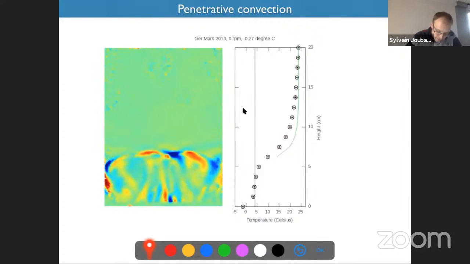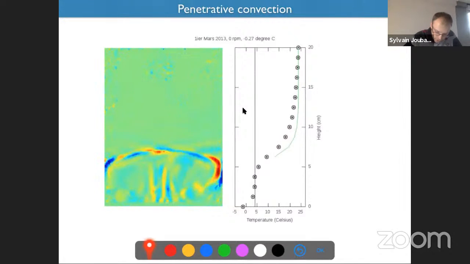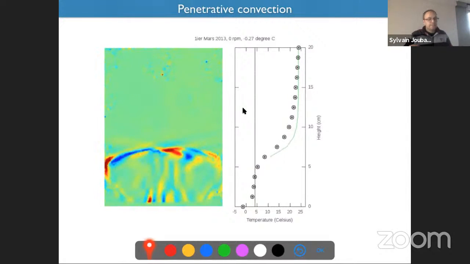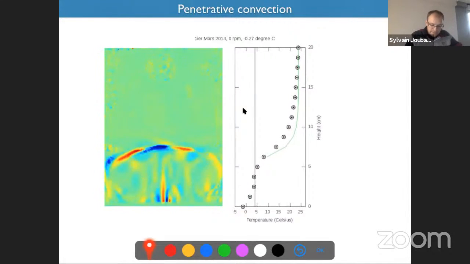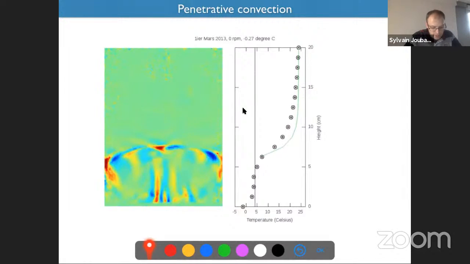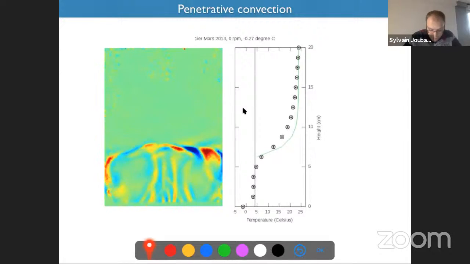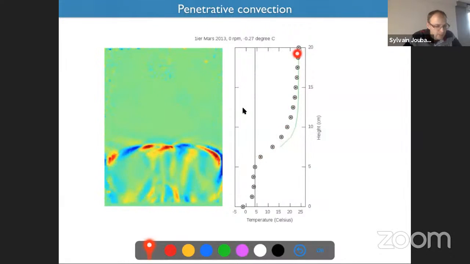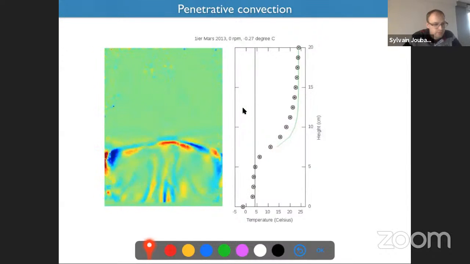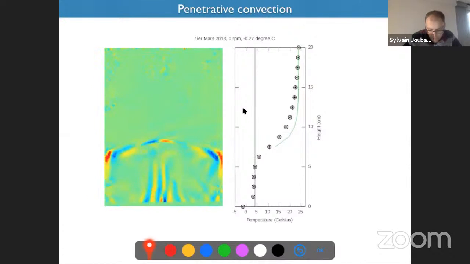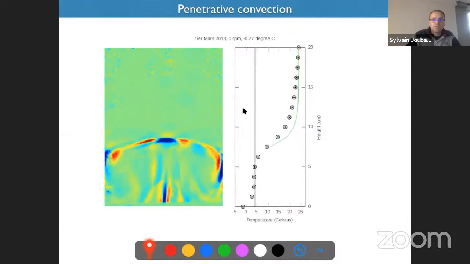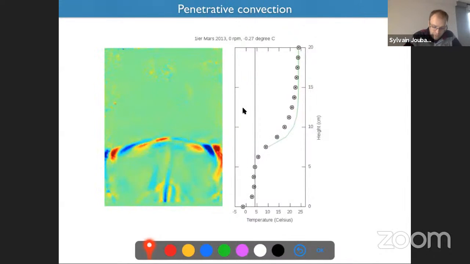And here you have convection, here you have a stratified fluid. And this is what was interesting in this system: what was the interaction between the convection and the stratification. So the stratification, you can control it with the temperature, and this green line was a theoretical profile. It was not perfect, because it was not taking into account some heat loss on the side.